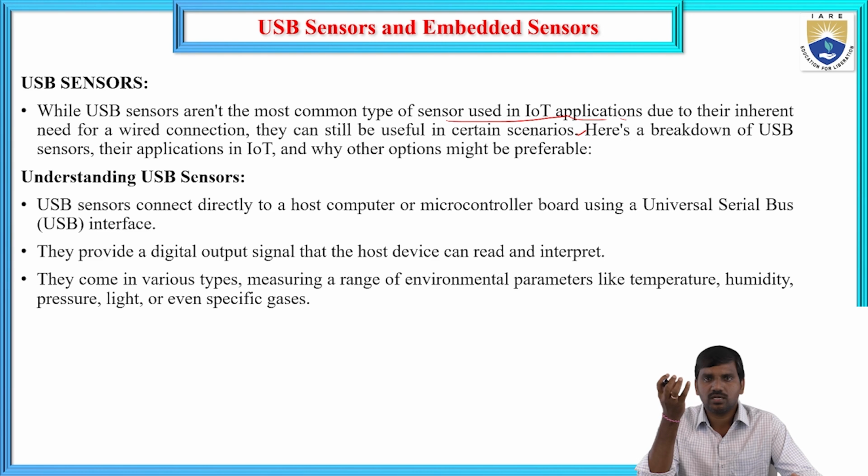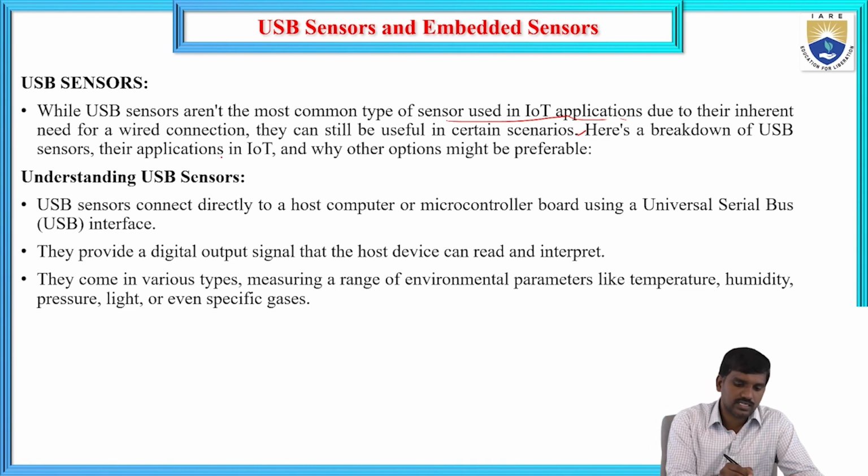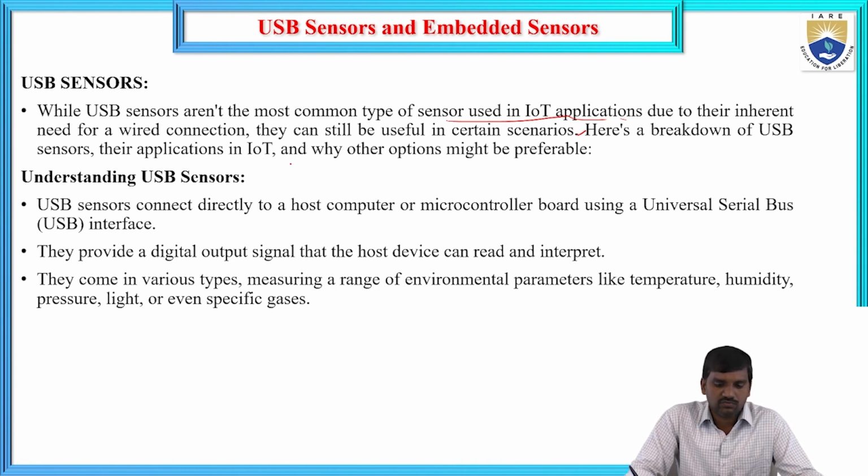In some specific scenarios only, we may use USB sensors. Here's a breakdown of USB sensors, their applications in IoT, and why other options might be preferable. That is the main reason why we are not using USB sensors for a particular IoT project.